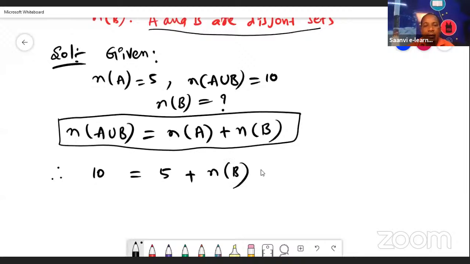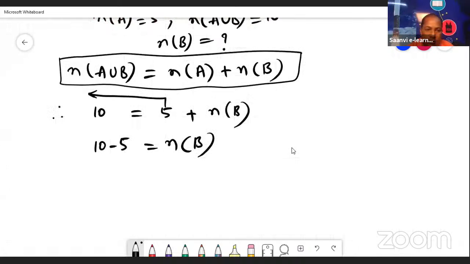So this plus 5 we send to this side, because this plus 5 is extra now. This plus 5 becomes minus 5 is equal to n of B. So 10 minus 5 is equal to 5 is equal to n of B. It means n of B is equal to 5.